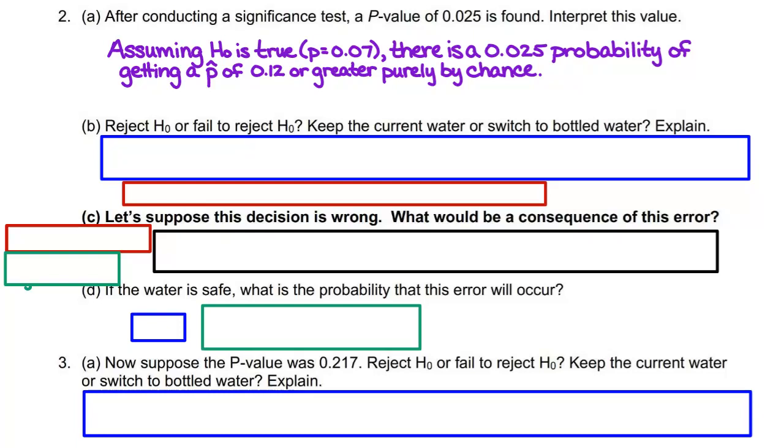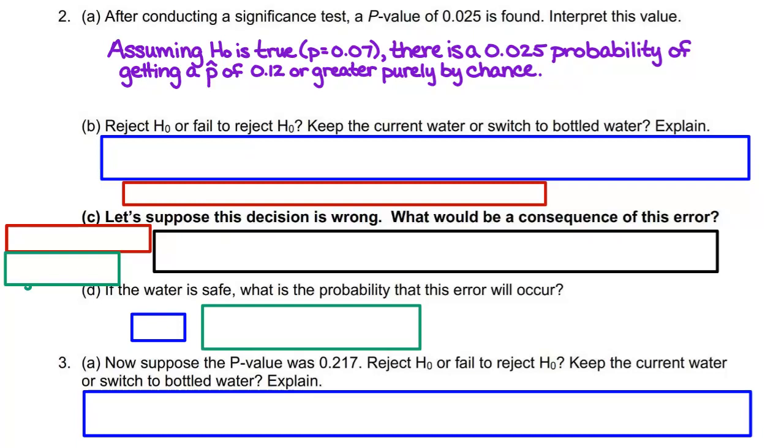All right, so now I want to go through and do B, C, and D together. If we had a p-value of 0.025 and a significance level of alpha equals 0.05, would you reject the H0 or fail to reject the H0? Reject the H0.